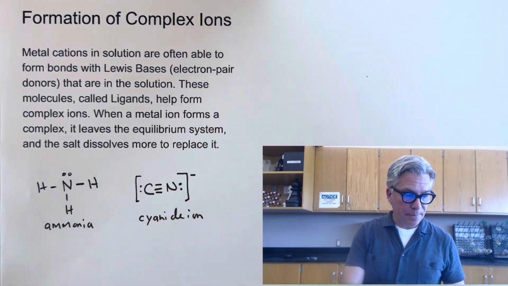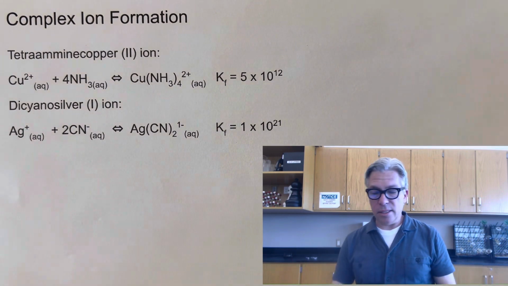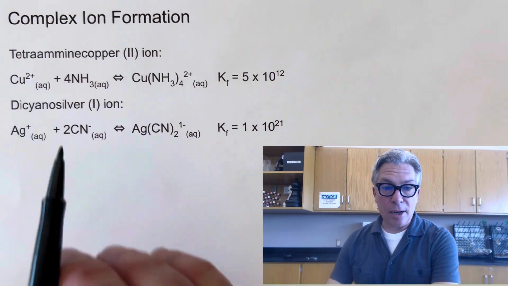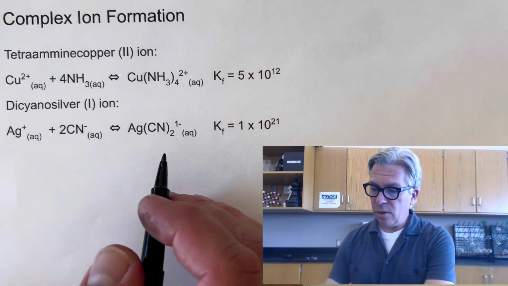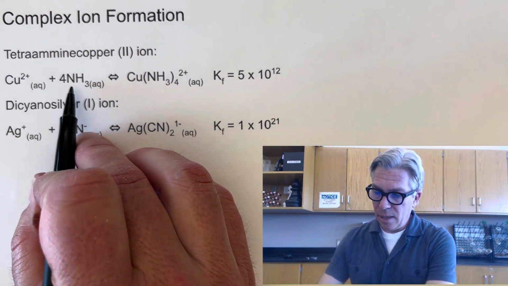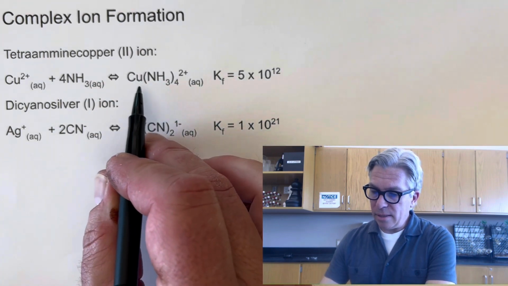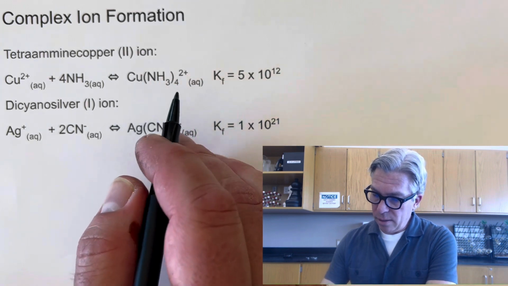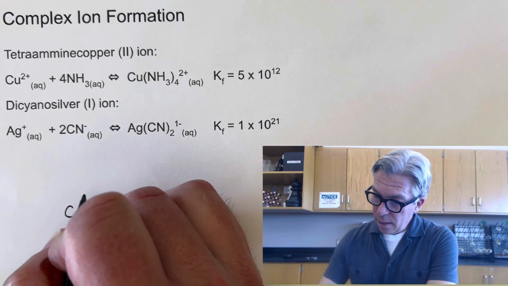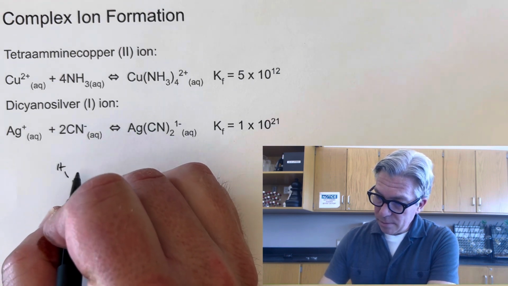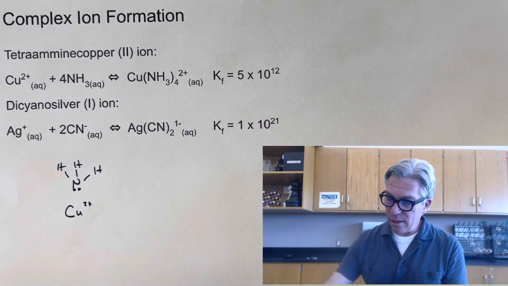All right, so let's see how this works. If I were to take some copper ions in solution, you have copper 2+, they're positively charged, they're floating around, they're probably hanging out with the negative ends of some water molecules and so on. And if I add some ammonia to it, what we end up getting is a complex ion where the ammonia does this 4 times with its trigonal pyramidal structure and a lone pair sticking out on the outside.